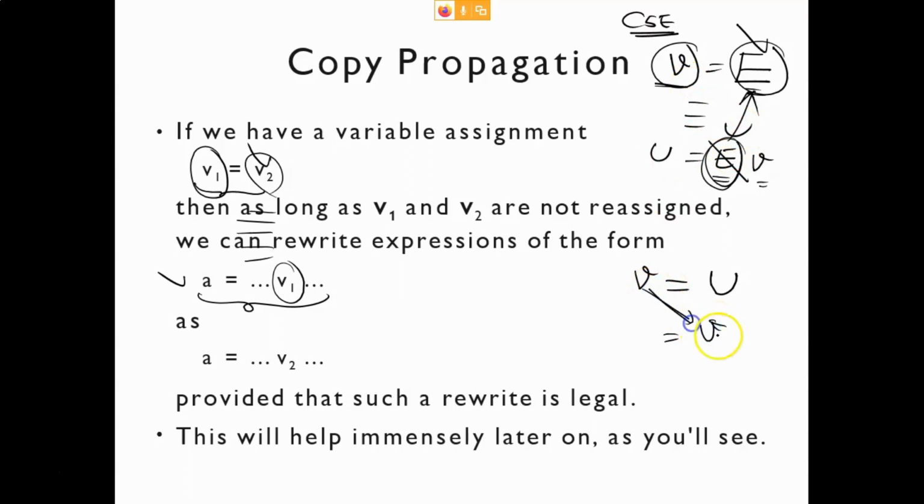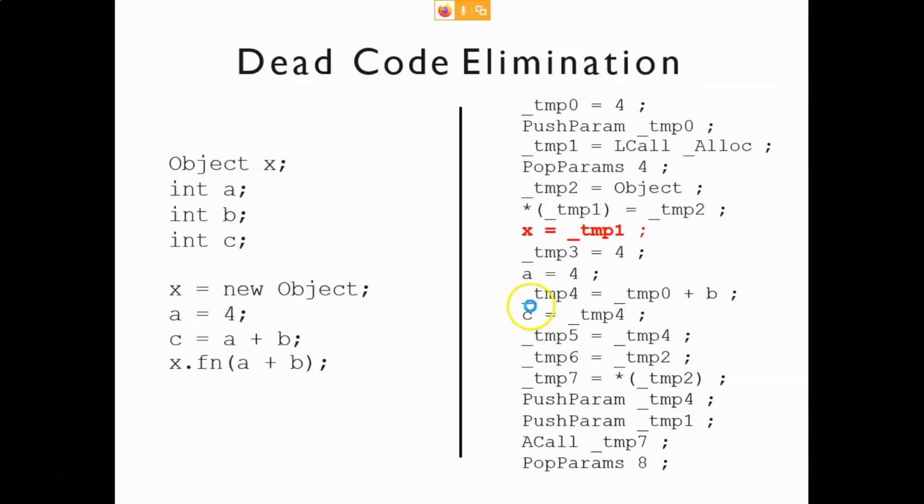So we are again using this variable v here and to some w. Then if in the middle this v and u are not changing, we can replace this v using this u. So basically we can assign to w the value u. So this is copy propagation. It will be more clear when we take examples.